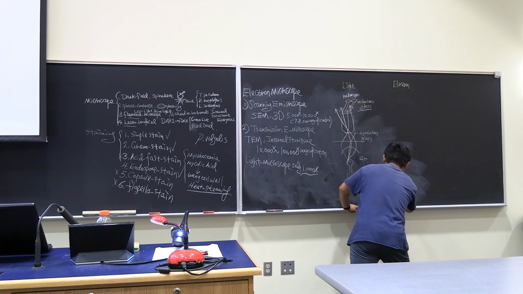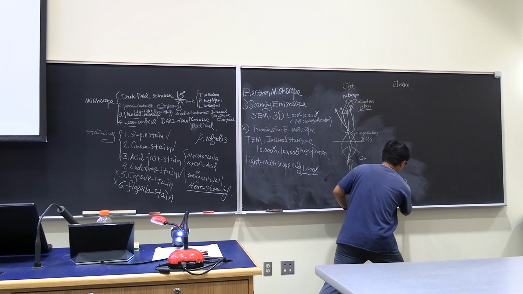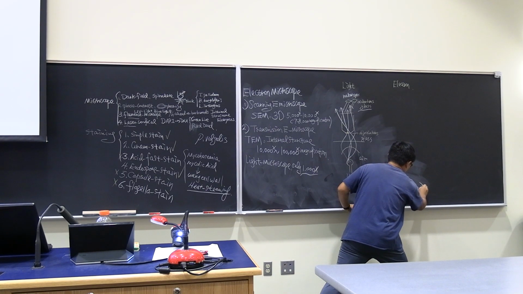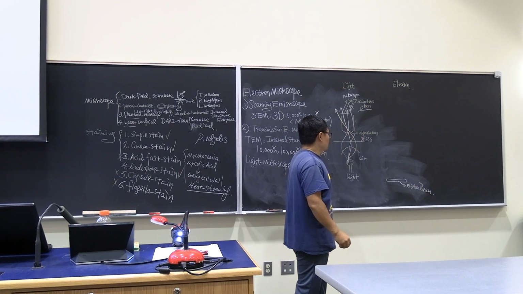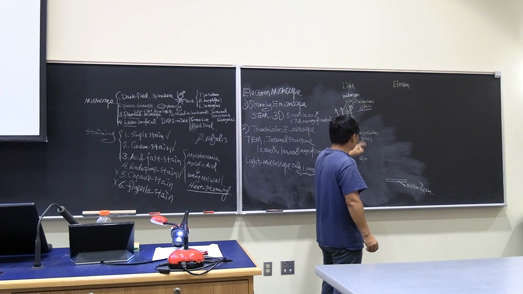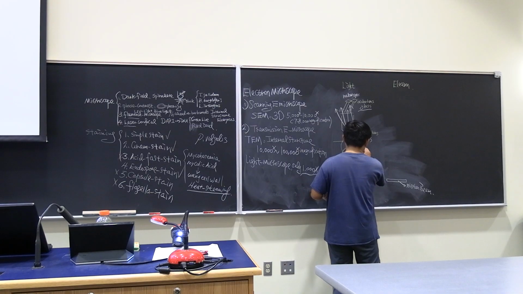Instead of we have a light as an energy resource, I have electron beam. Instead of we have a glass as an objective lens, as a condenser here, this is a condenser.